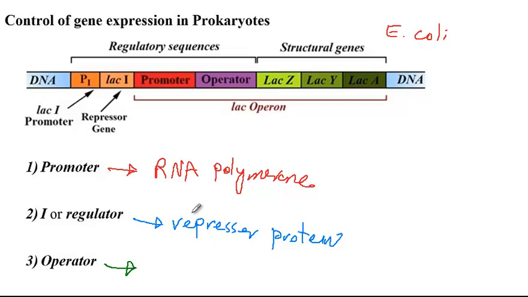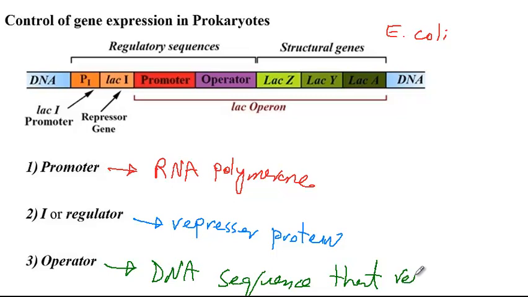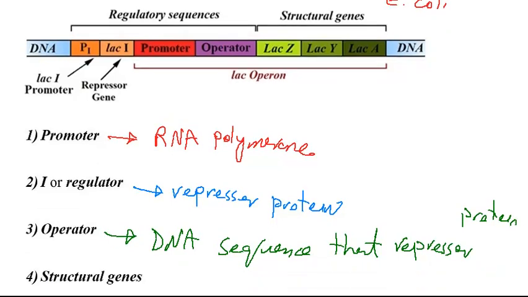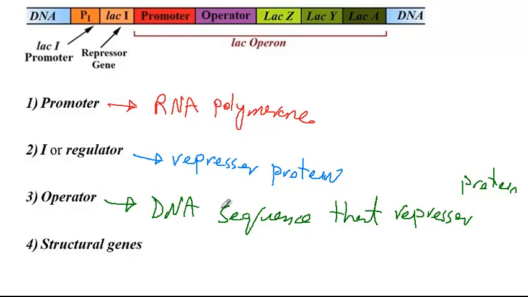So let me write that. Operator is the DNA sequence that recognizes repressor protein. And then finally, we have the structural genes that are listed right here, like LAC-Z, LAC-Y, and LAC-A.